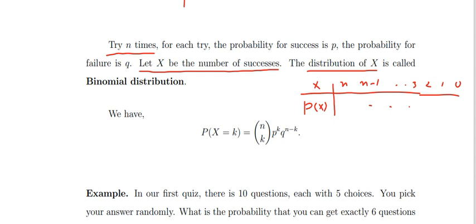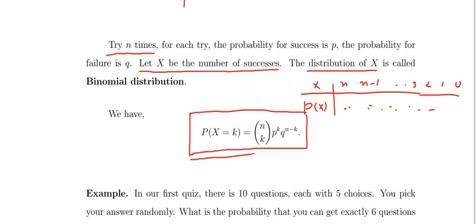Okay, so we have this formula: the probability that X equals k equals this. Once we have all those probabilities, then we have the distribution. So we can use this probability formula to denote the distribution. And by the way, such a distribution we call a binomial distribution.